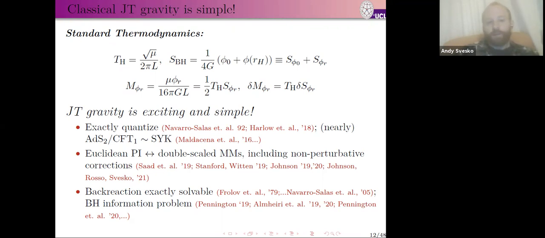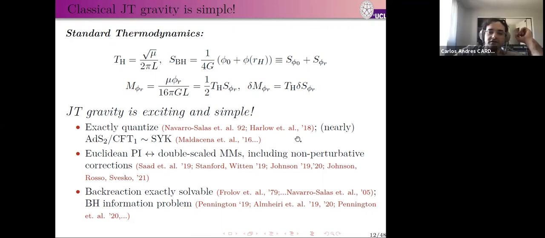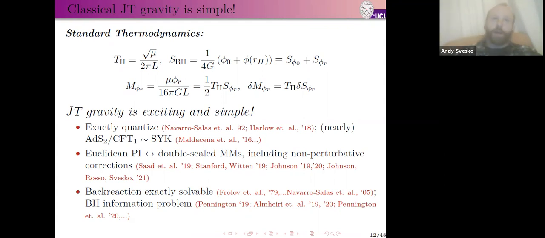There are some caveats with why JT gravity is even simpler than those models, which I can get into, but I didn't write down what the actions are for those models. There are many things done in JT gravity that can translate to Liouville, or the other way around. Okay, yeah, I agree.